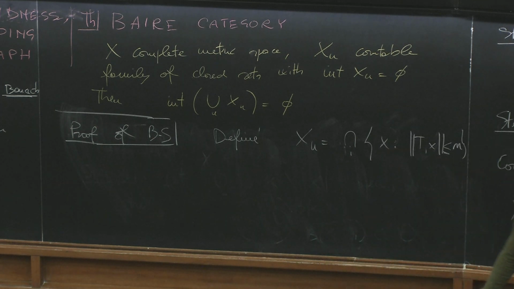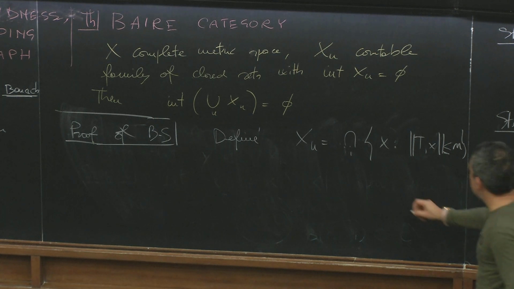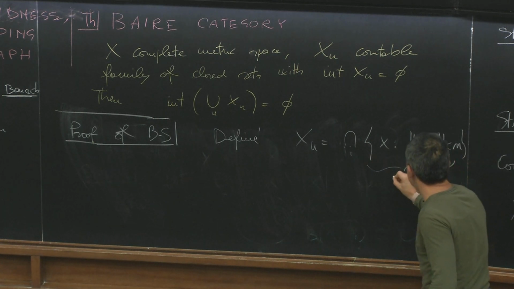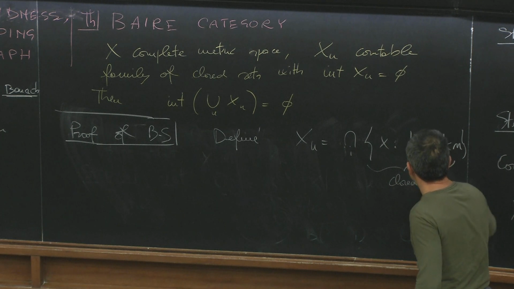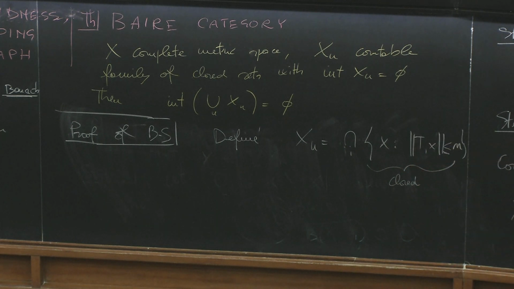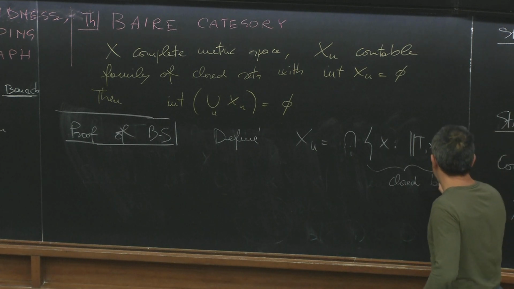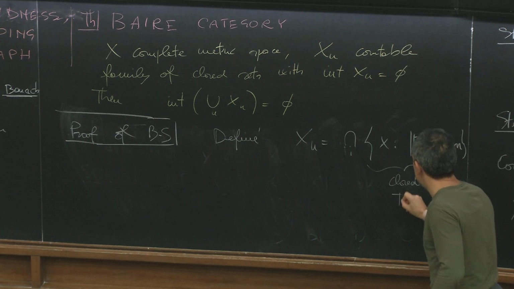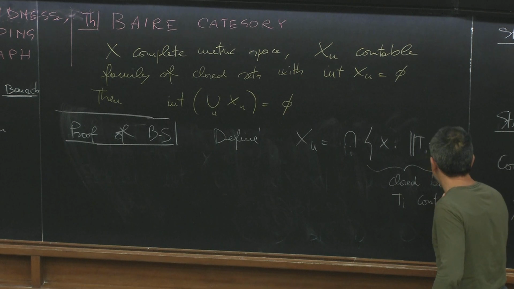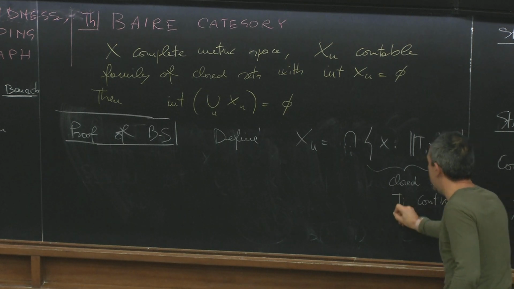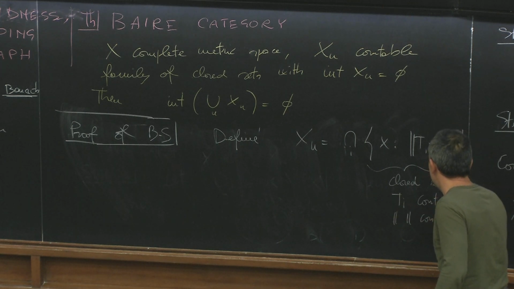okay, let's look at this guy. So this guy is closed. It's closed because T_i is continuous, and the norm is clearly continuous.